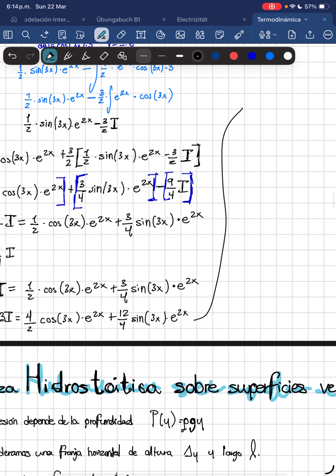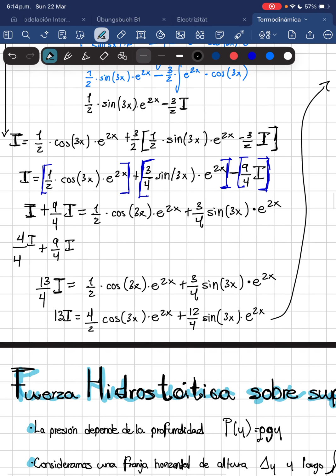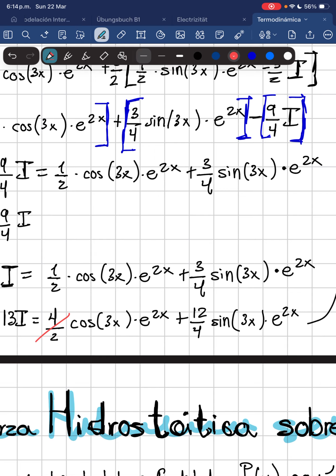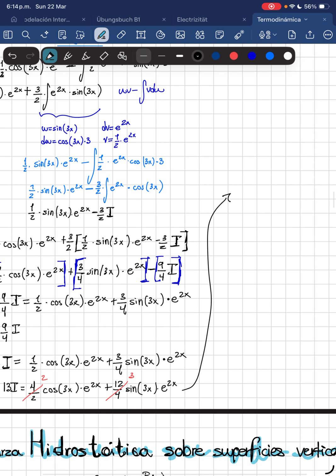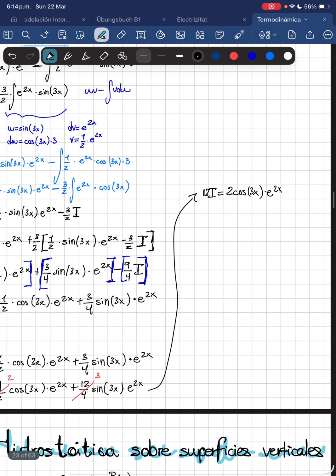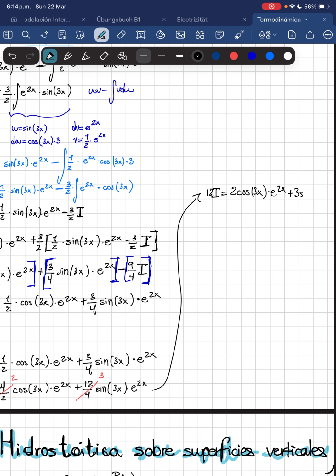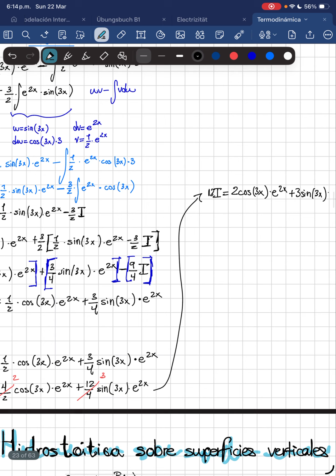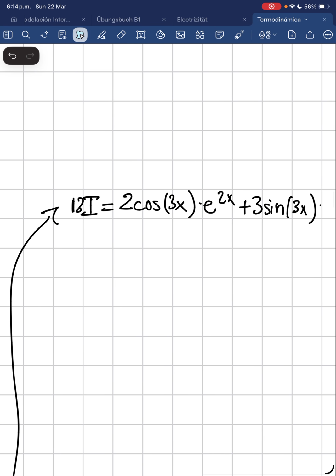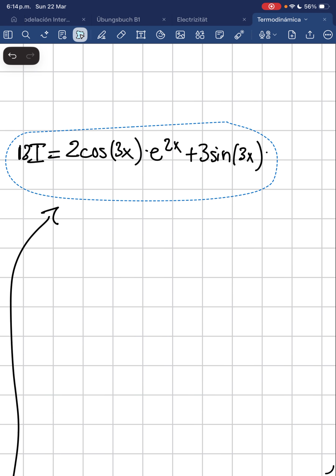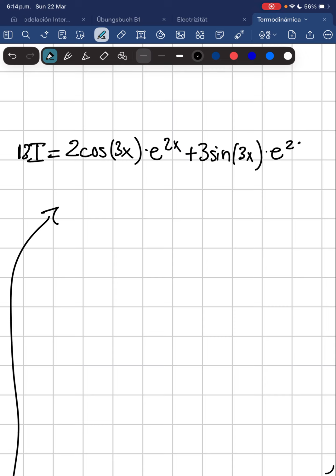Then this simplifies to 2 and this simplifies to 3, right? So it is 13I equals 2 cosine of 3x times e to the 2x plus 3 sine of 3x times e to the 2x.